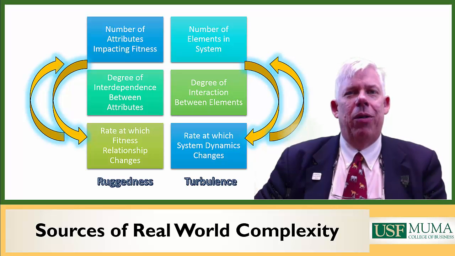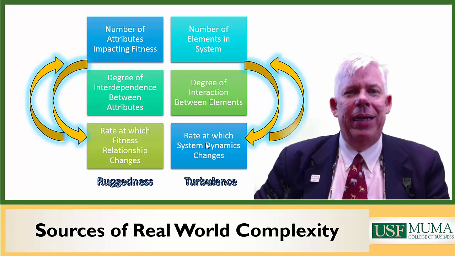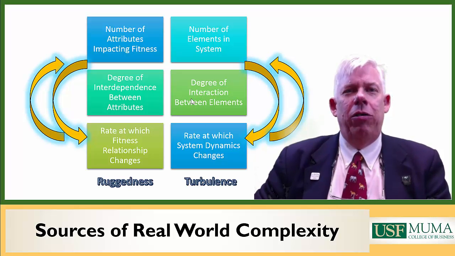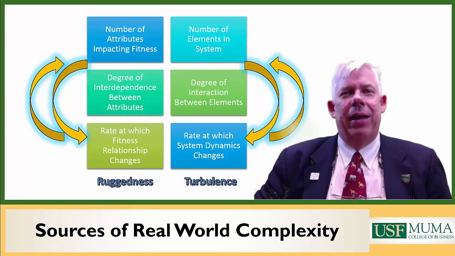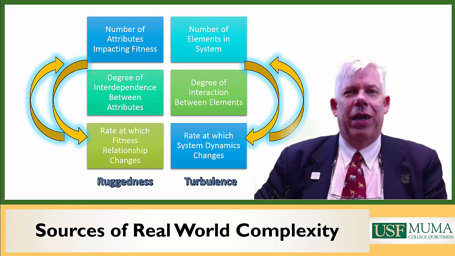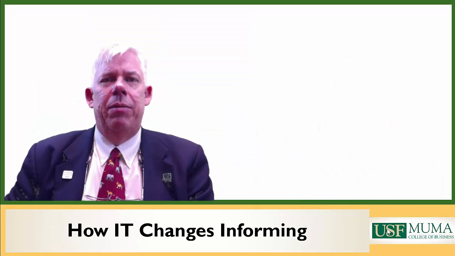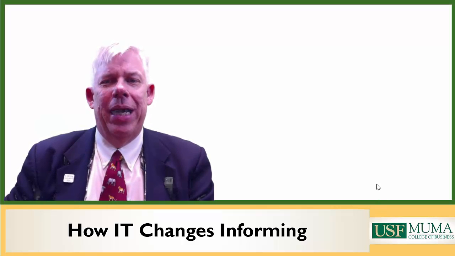So what we need to remember as we move forward is that whenever you change the number of elements, how rapidly they interact, and how many other elements they interact with, you are ultimately going to change the dynamics of the system, and that will tend to lead to increased turbulence and increased ruggedness, which is to say more and more combinations that lead to fitness peaks will develop, as well as many more combinations that are not peaks.